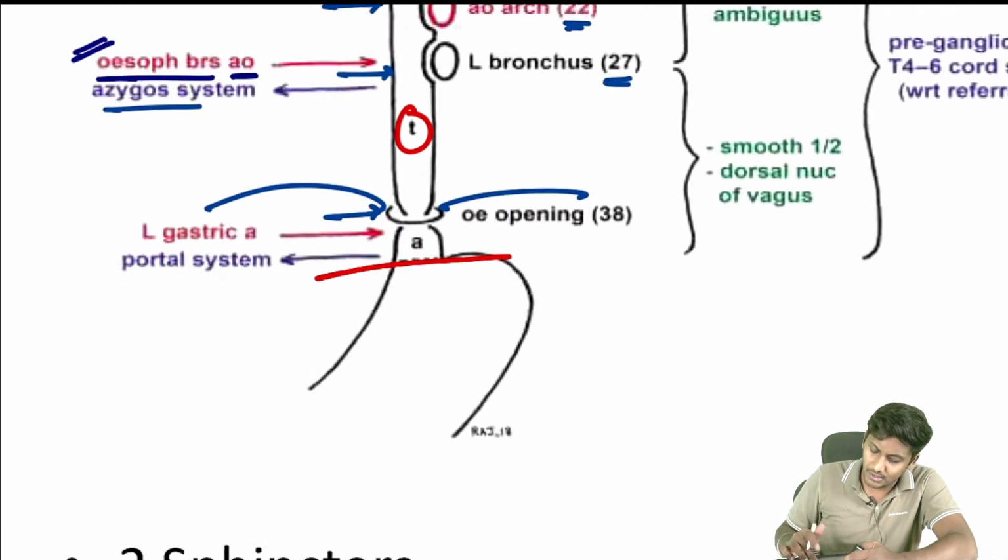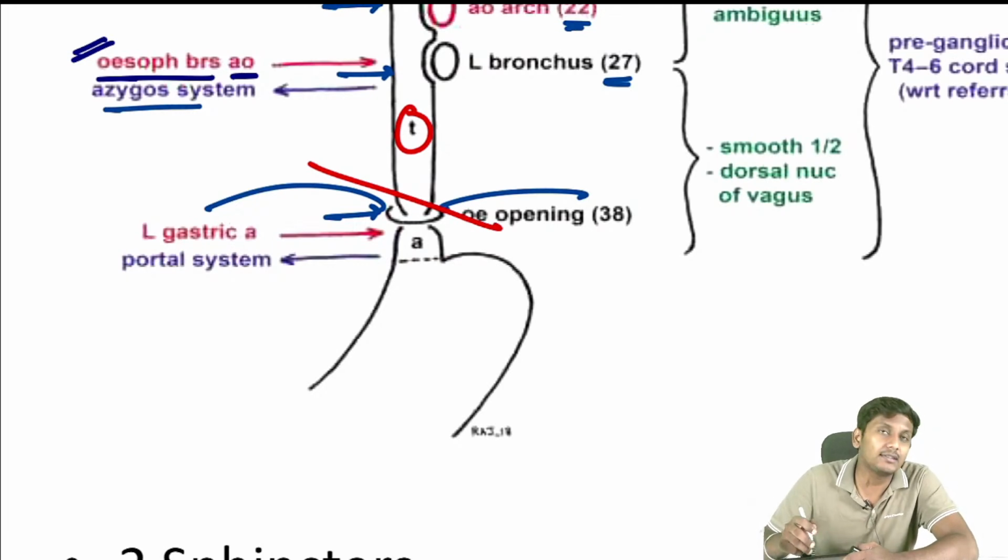And lastly, the part of the esophagus below the diaphragm, inside the abdomen. This part is supplied by the left gastric artery.